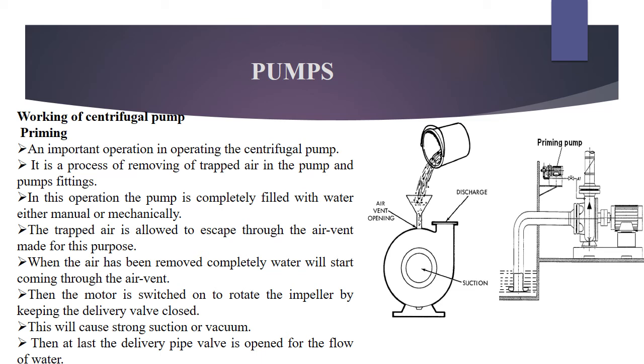When the air has been removed completely, water will start coming through the air vent. Then the motor is switched on to rotate the impeller by keeping the delivery valve closed. This will cause strong suction or vacuum. At last, the delivery pipe valve is opened for the flow of water.